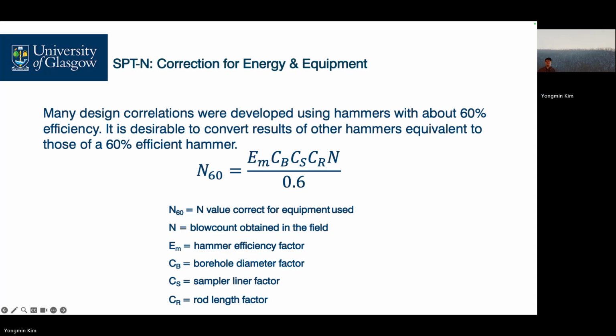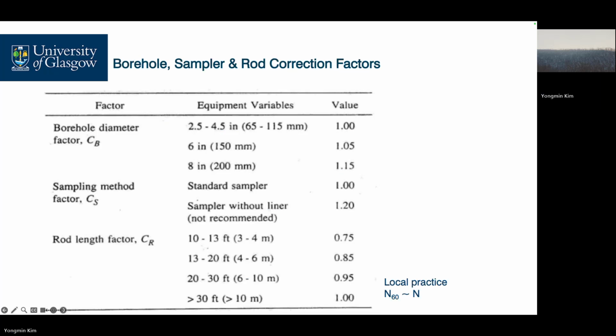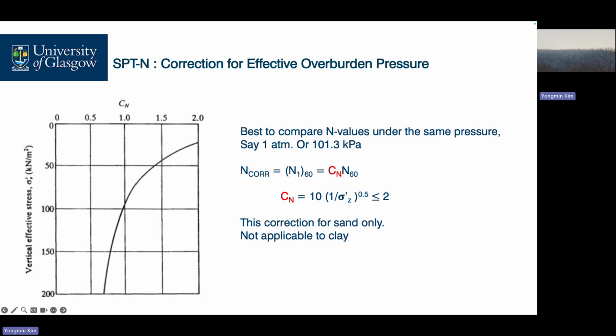Wow, a lot of things to consider, but just follow your charts, follow step by step, not that complicated. Because all values are already prepared. And then the equation, how we correct your SPT value.